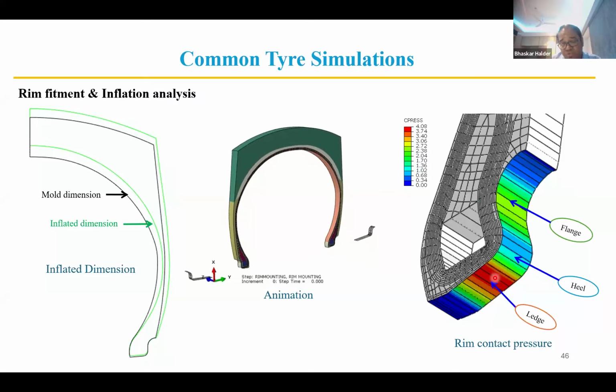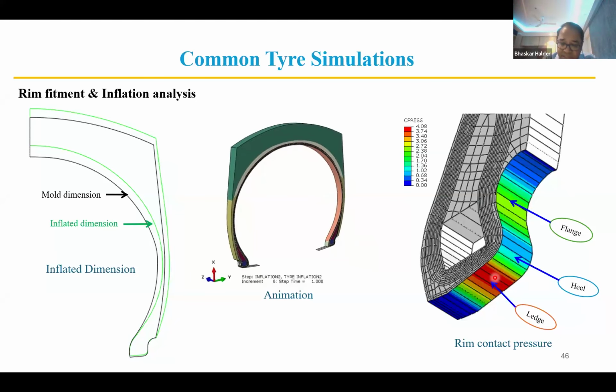This should have a higher stress value, because if this value is less, then the tire will slip on the rim. So nowadays from this type of simulation, I can ensure that whatever the stress value is, it is okay for me to release my design.